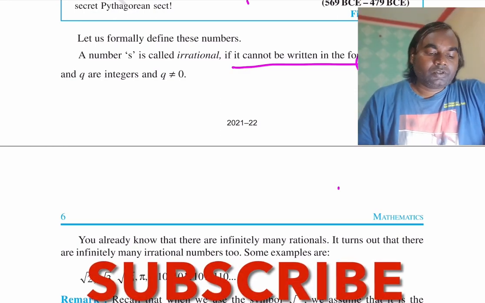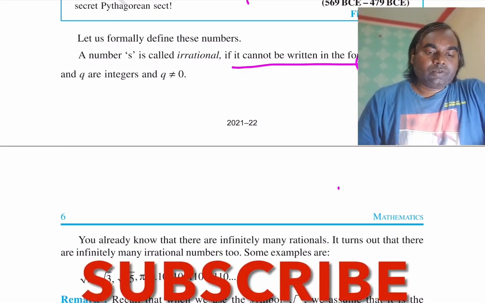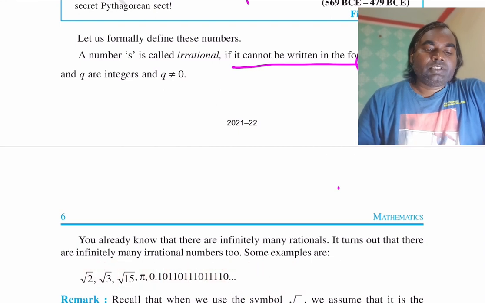Up to now we have learned about natural numbers, integers, whole numbers, rational numbers, and now we are learning about irrational numbers. A number which cannot be written in the form of p by q, where p and q are integers and q is not equal to 0, is called an irrational number.